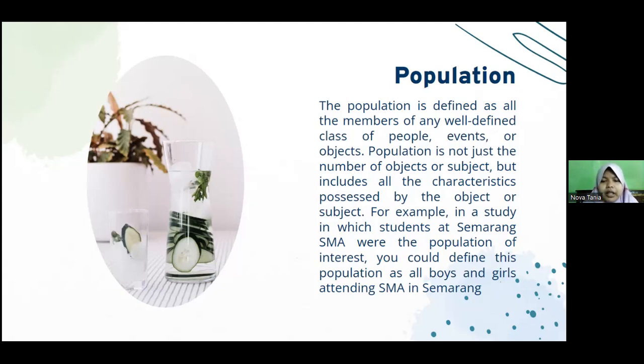For example, in a study in which students at Semarang Senior High School are the population of interest, you could define this population as all boys and girls attending SMA in Semarang.